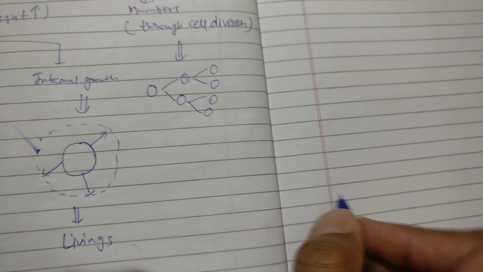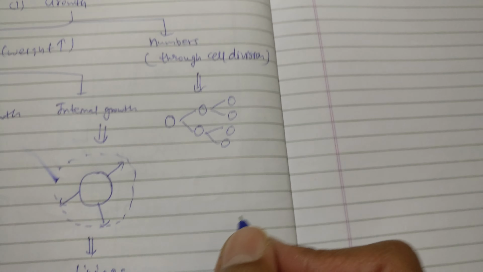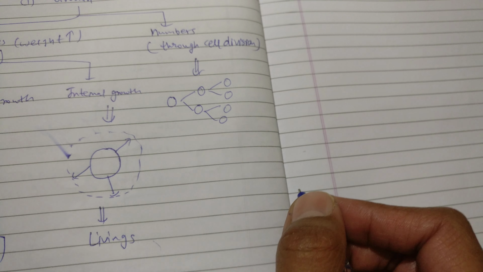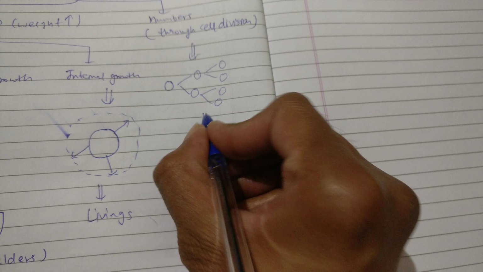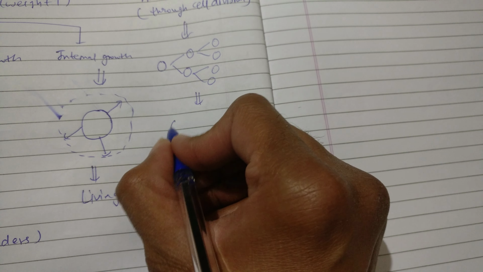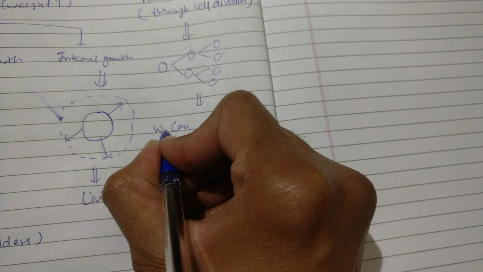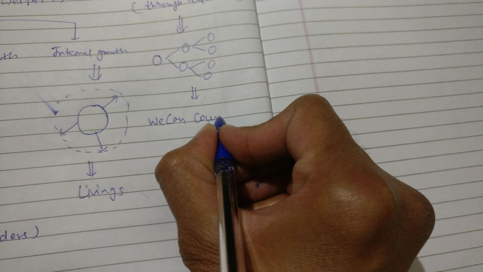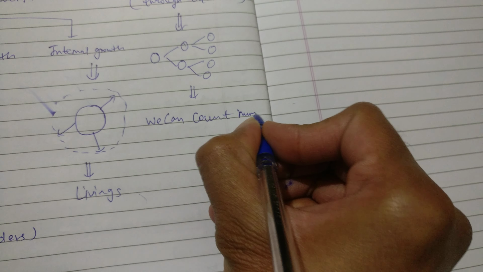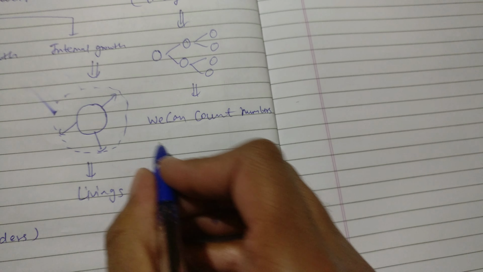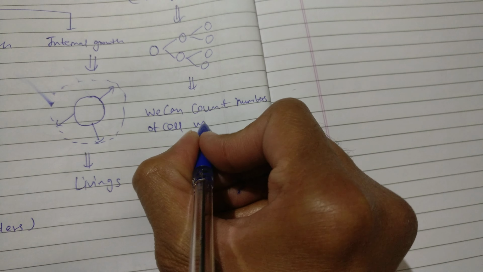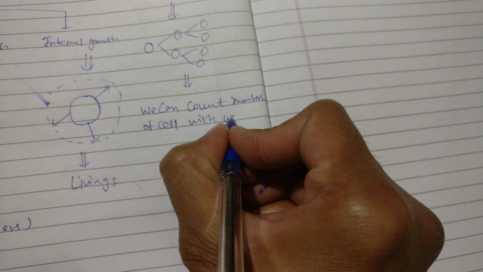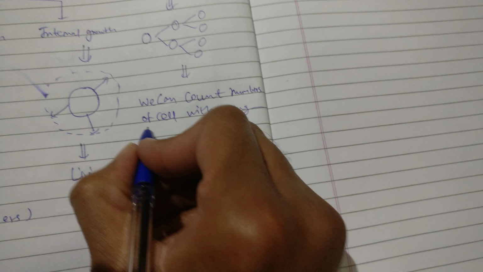So one cell forms two cells, and these two cells further form four cells. This type of division takes place, and we can count the number of cells using a microscope.